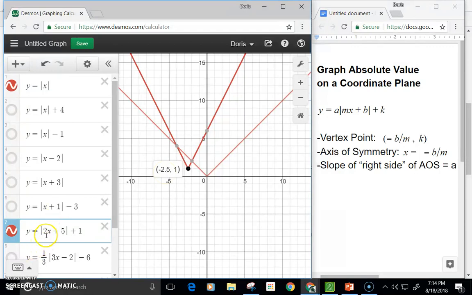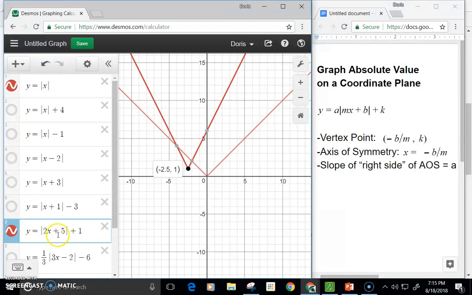So what happens when you have an absolute value function where you've got a coefficient other than 1 inside the absolute value is that it affects the horizontal movement, meaning it sort of changes it. So the way we find it is we take the entire expression inside the absolute value, this 2x plus 5, we set it equal to 0, and then solve for x.